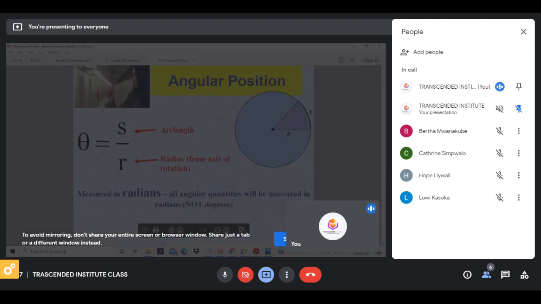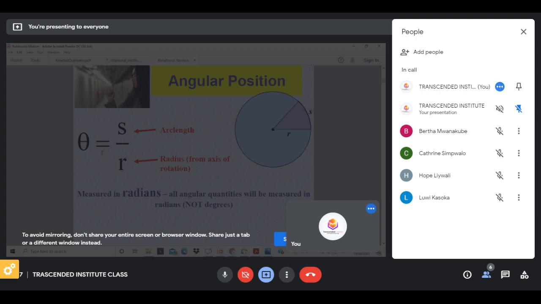From the formula that I'm writing there, if you make theta the subject, you divide by the radius on both sides, so it will be the arc length divided by the radius. So if you are given the length of an arc and you divide by the radius, you're able to get the angular displacement, or theta.